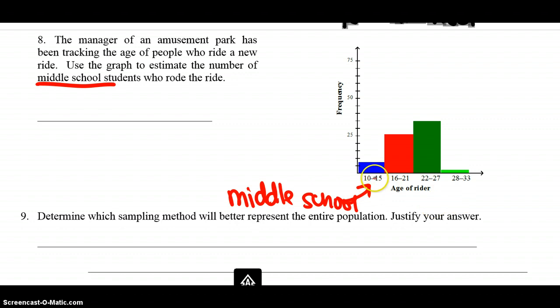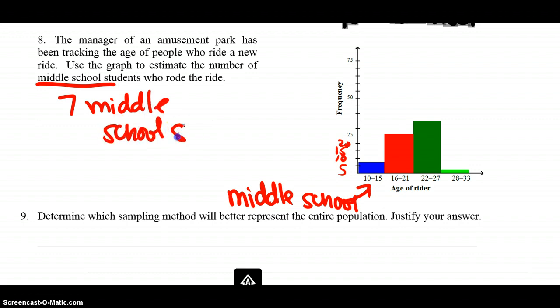We know that the frequency is the amount of riders that are between the age of 10 and 15, and this goes up by 5 each hash mark. So 5, 10, 15, 20, 25. So it's between 5 and 10. So I'm going to say 7 middle school students.